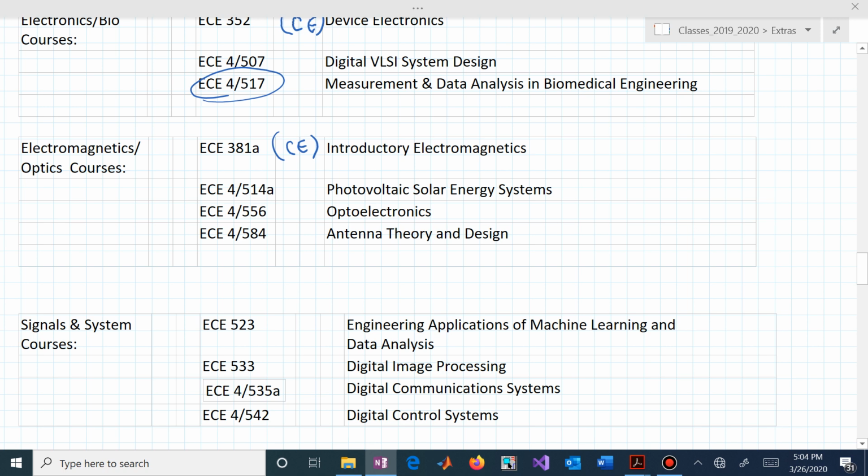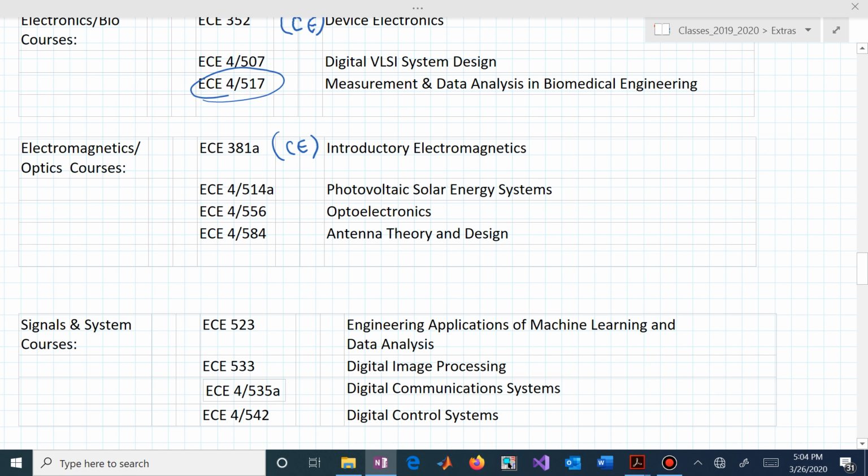Optoelectronics: how do you design systems involving optical devices and electronics? That's 456. I'm not sure about the antenna theory and design, but that's a class that then would be following 381A.